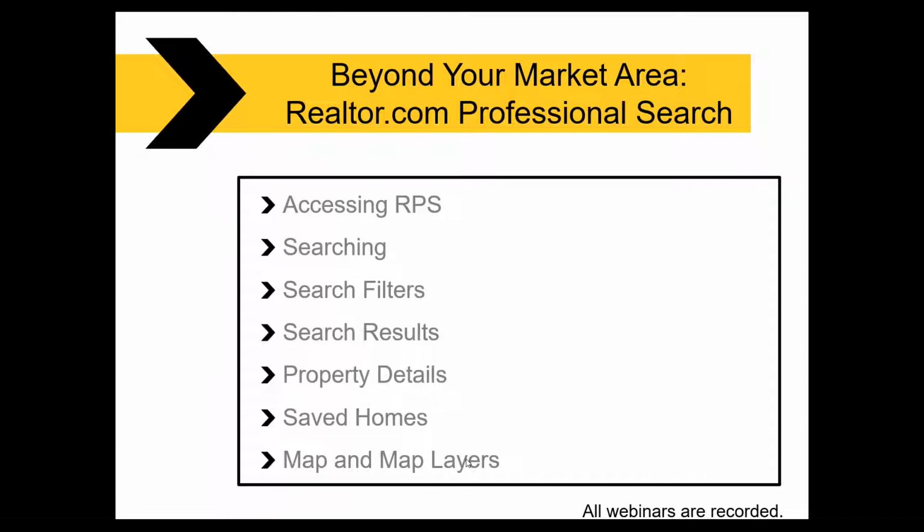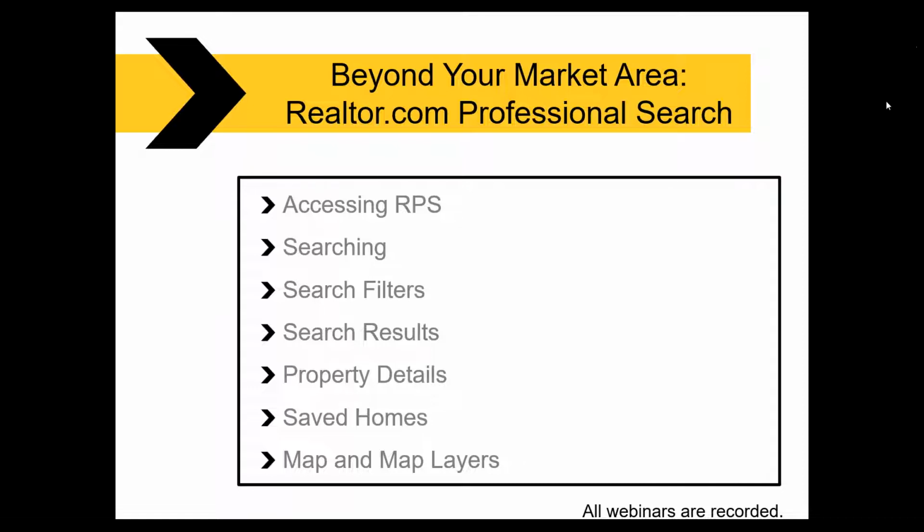HomeSnap does this too, but this is another option. But as compared to Prospector Plus or even Realist, I can search outside of my coverage area. I can search in a different state if I want. This isn't a program that you're going to be using most of the time, but it's a nice tool to have in your tool belt.